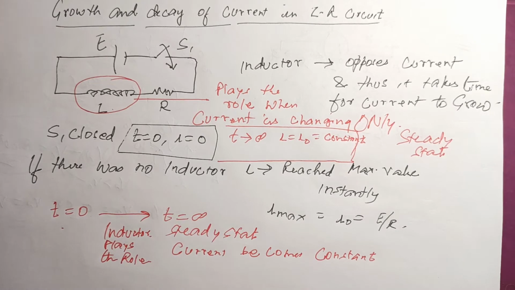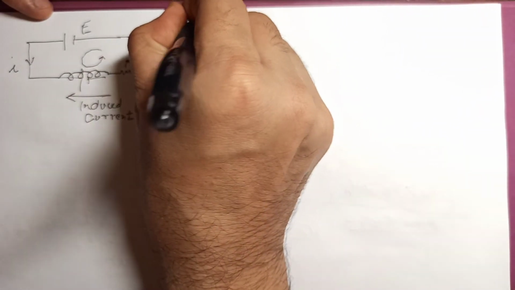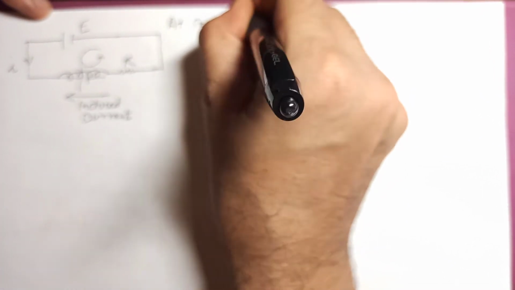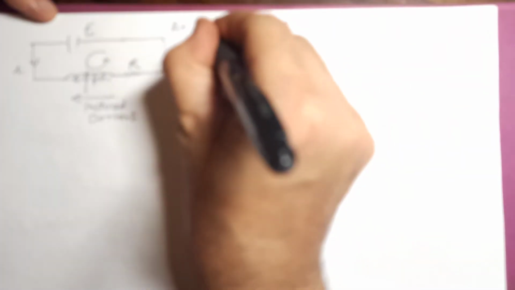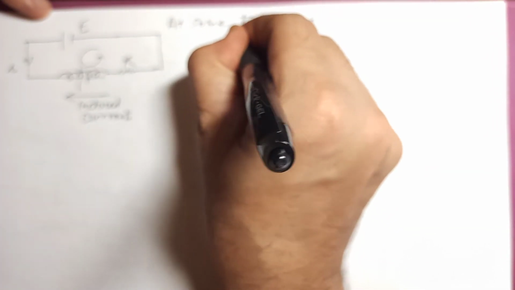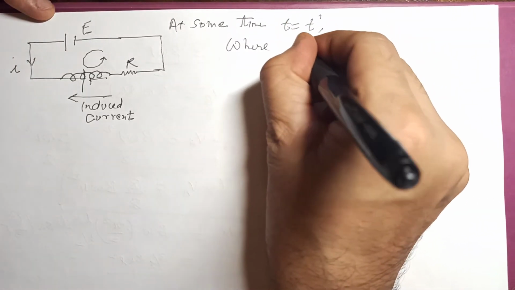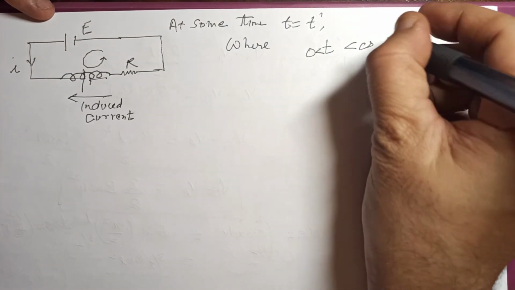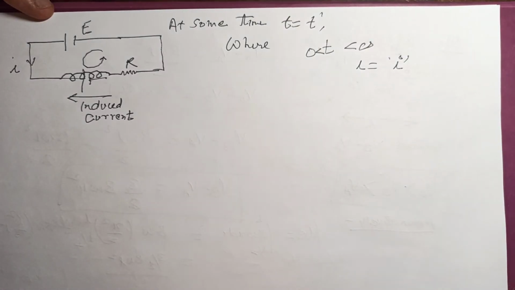Okay, so now guys, let's go a bit more in detail. Now let's assume at some time, let's say t is equal to t dash, where t is less than infinity and greater than 0, and I is equal to I dash.